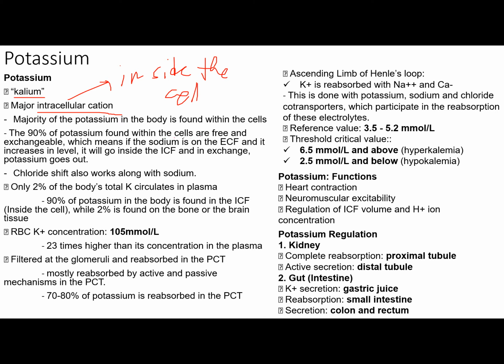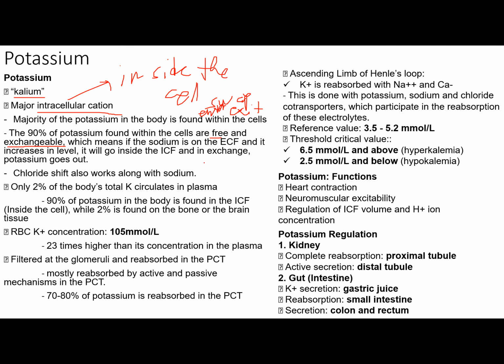90% of potassium found within the cells, class, are free and exchangeable. Pag sinabi mong exchangeable, class, it can swap position. Kaya niyang makipag-swap, meaning kaya niyang mag-enter, kaya niyang mag-exit ng cell. Meaning class, if the sodium on the extracellular fluid increases in level, it will go inside the cell and in exchange potassium goes out.